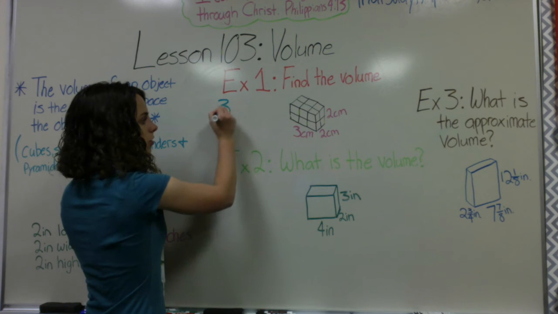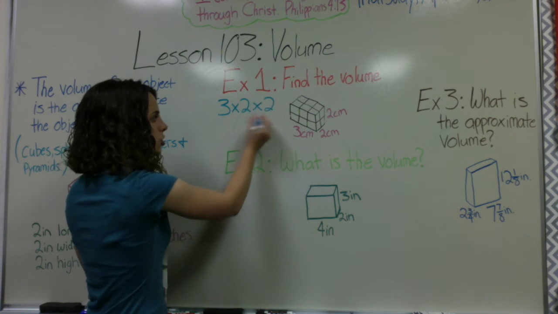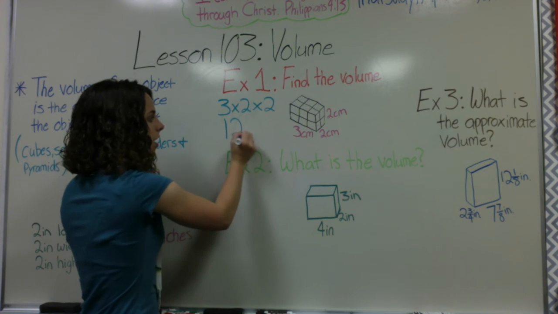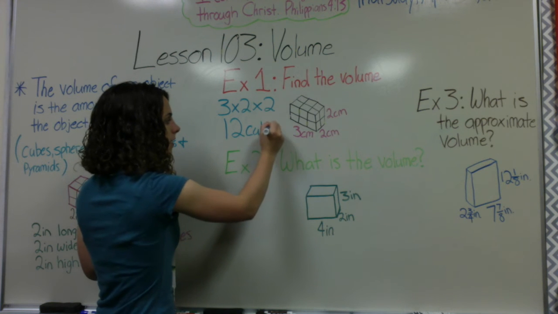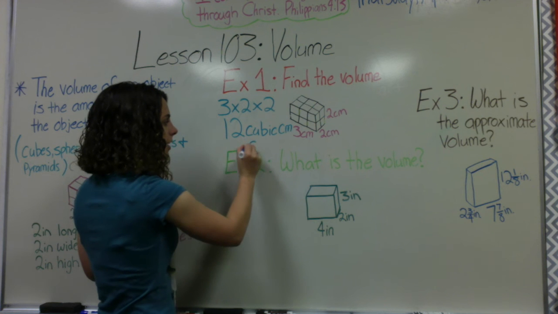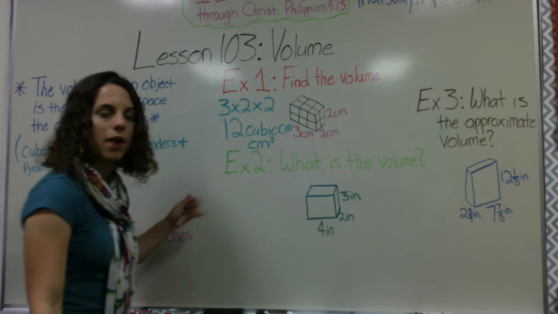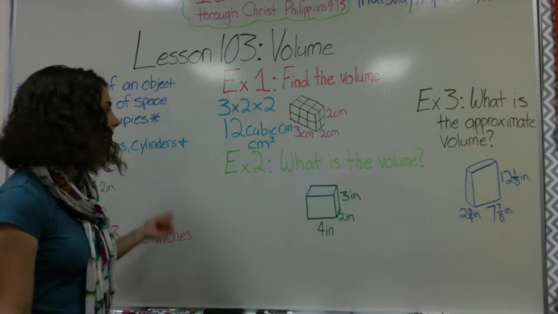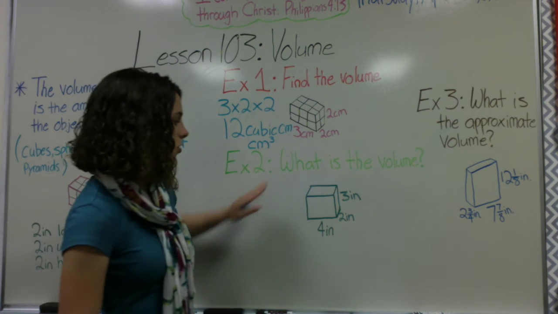So I'm going to do 3 times 2 times 2. 3 times 2 is 6, and 6 times 2 is 12. So the volume is 12 cubic centimeters, I'll abbreviate, or I can put centimeters cubed. So centimeters to the third power is also centimeters cubed, and I will accept that.